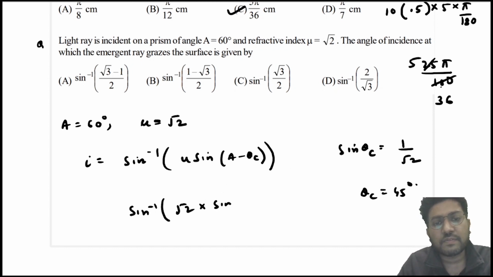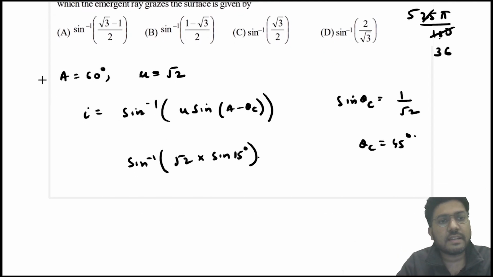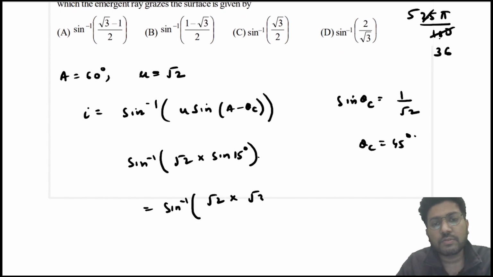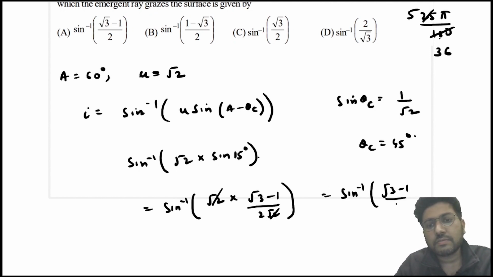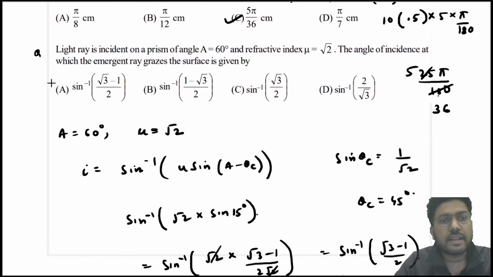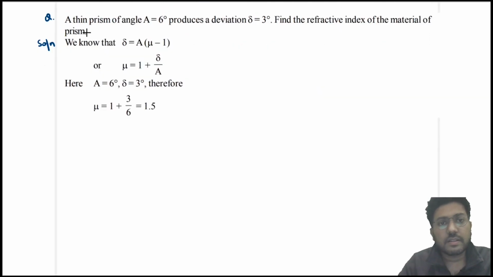So I'll write sine 15 degree. So from this we will get sine inverse of root 2 multiplied by sine 15 degree, which is how much? Root 3 minus 1 by 2 root 2, right? So root 2 gets cancelled, and you will get sine inverse of root 3 minus 1 by 2. So this is the angle of incidence for which there is grazing emergence, right?